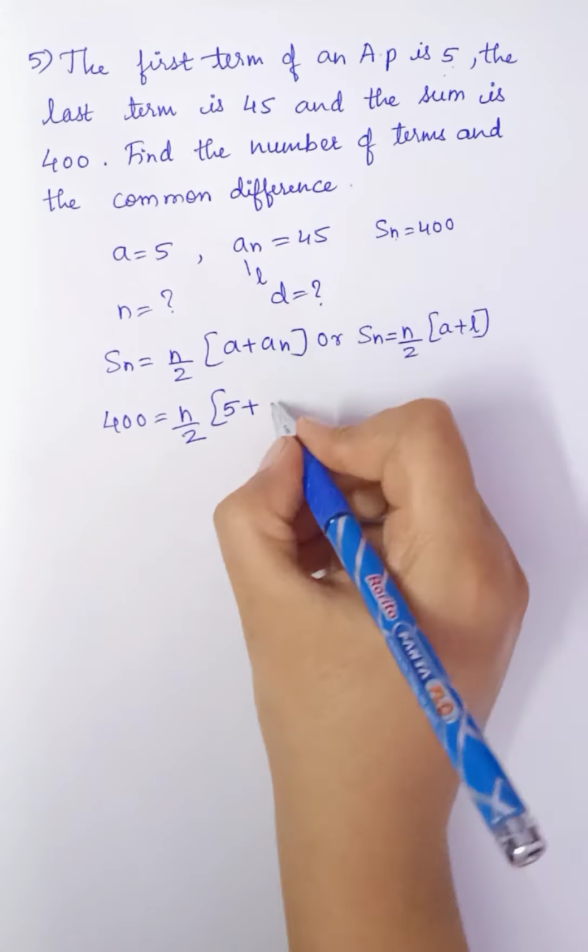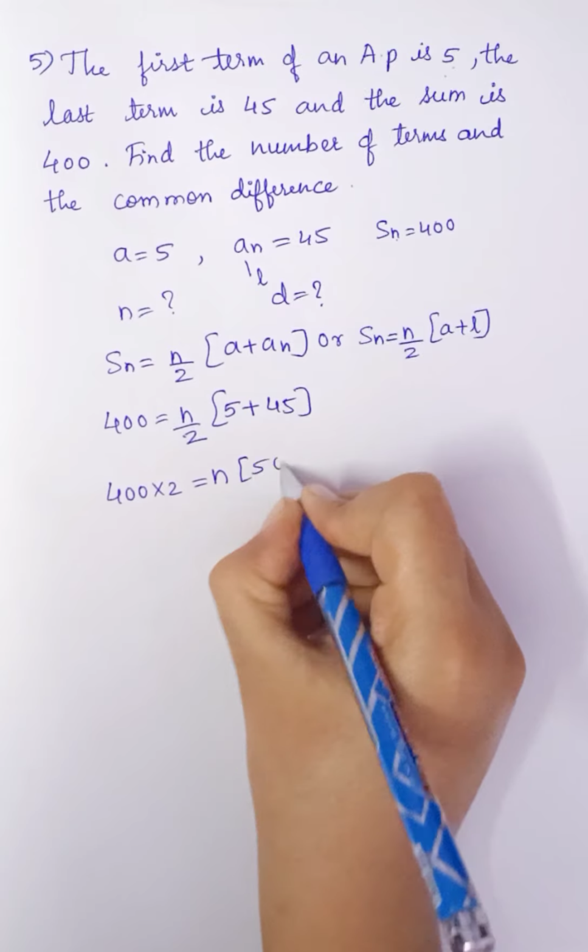Okay, substitute the values. Now these two I am going to shift it here. When you are going to shift it here, it will get multiplied. So 400 into 2, which is equals to, n I am keeping as it is, 5 plus 45 is how much? 50. So it is 50.